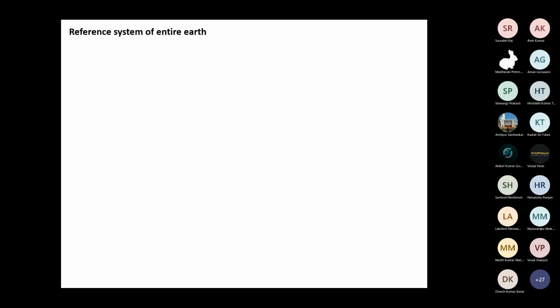Can I say that mean sea level is the reference of the entire Earth? Can I say like that? No, sir. Why? Sir, it also changes.